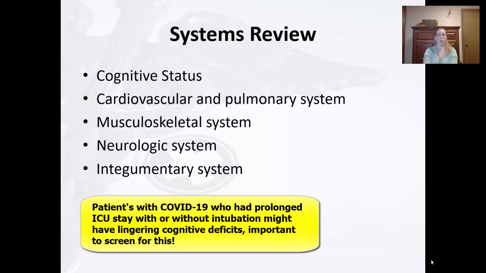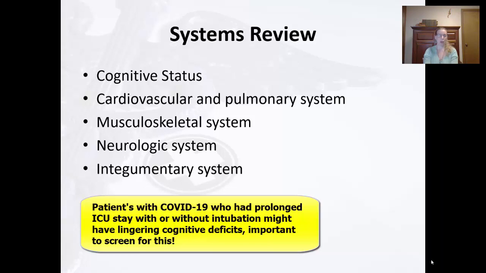So we're always going to review patients' cognitive status, musculoskeletal system, neurological system, and integumentary system as needed. Today's lecture is specifically focusing on the cardiovascular and pulmonary system exam. Now, when it comes to COVID-19 patients who were admitted to the ICU, especially if they had a prolonged ICU admission, these patients could have experienced delirium and other cognitive changing statuses when they were in the hospital.